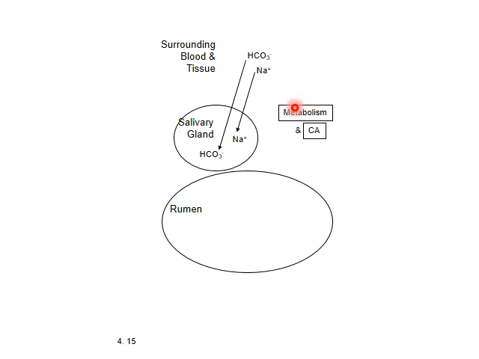So let's start with the blood. We have sodium bicarb in the blood. You have lots of sodium in the blood, 150 milliequivalents, 140 milliequivalents. And then bicarb will be generated, and they go into the salivary gland together.